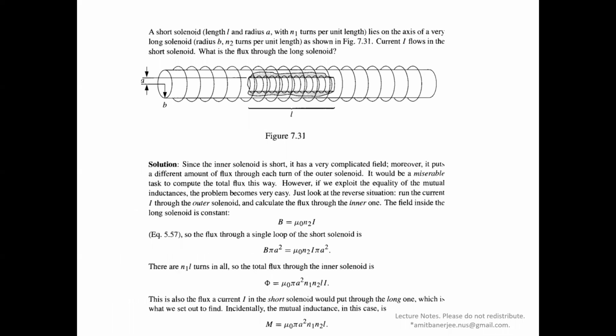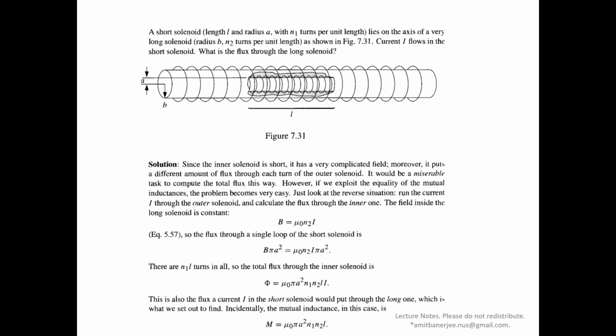So this is a fine example: a short solenoid of length L, radius a, with N1 turns per unit length, lies on the axis of a very long solenoid of radius b, with N2 turns per unit length, and current I flows in the short solenoid. What is the flux through the long solenoid? We can calculate it because we know the field of a solenoid.